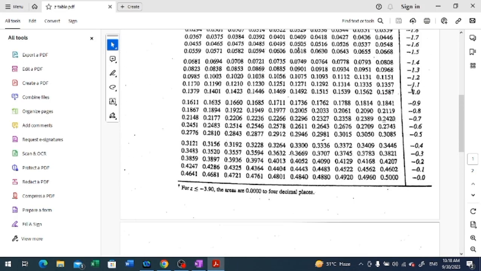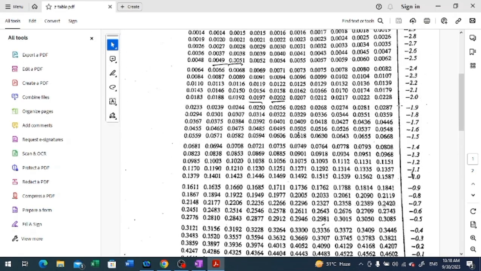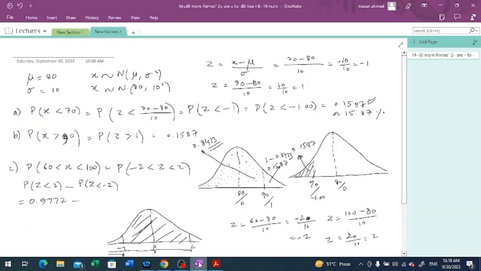And the value across -2 is 0.0228. So this is how we can do it, and the answer is 0.9544. So this is how we can determine the area between two borderlines with the help of the z table.